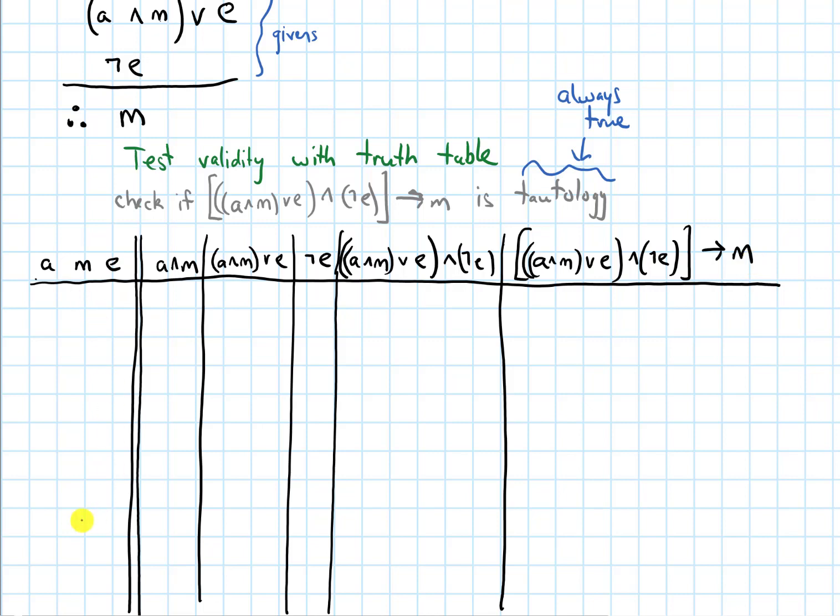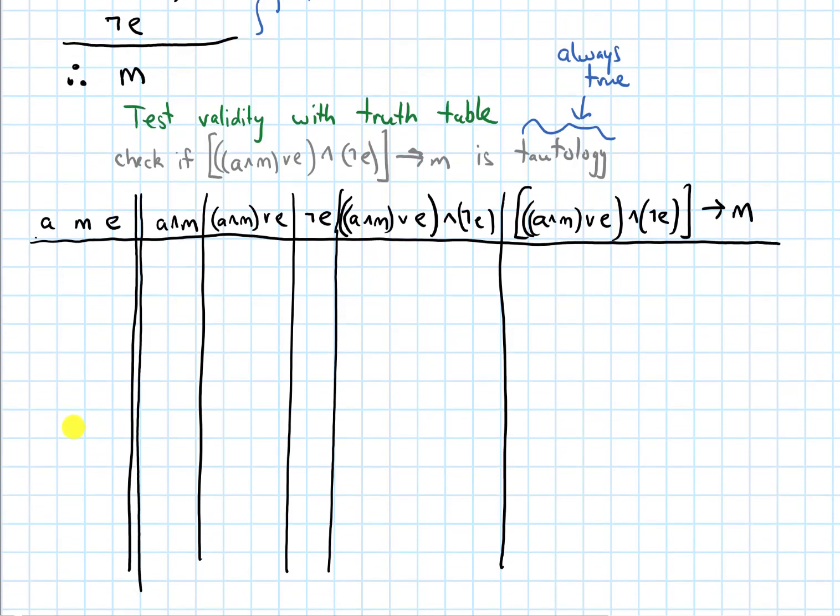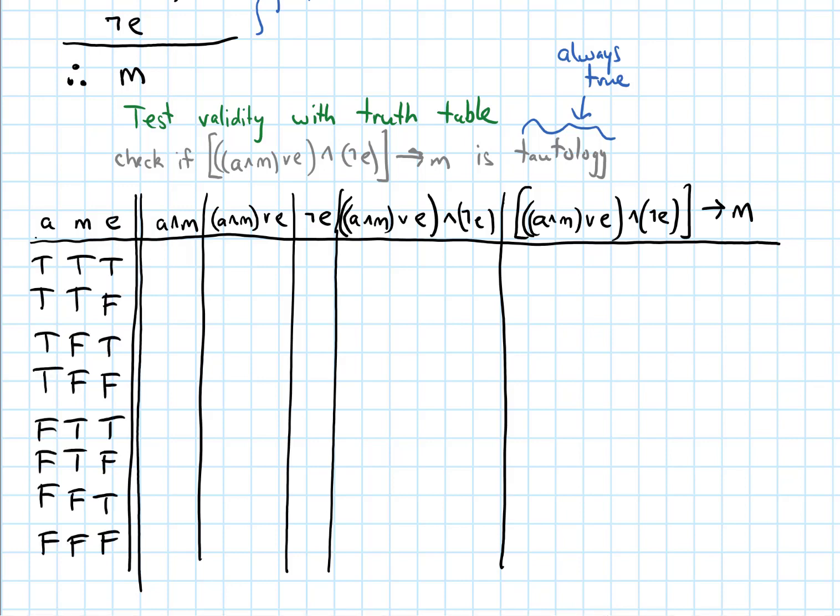Okay, so I'm going to do this truth table a little bit more quickly because we just did a truth table review video, and we've done a bunch of truth tables. So hopefully we're getting more and more comfortable with these. Alright, so I've filled out the first 3 columns already. So for A and M, the only way for a conjunction like this, an and statement, to be true is if both A and M are true. And that happens in the first 2 rows, but the rest are all going to be false.